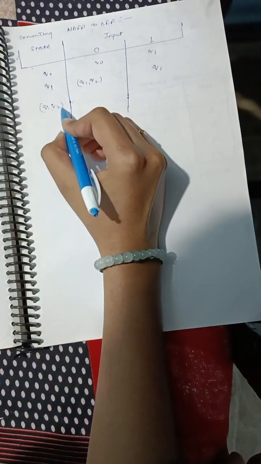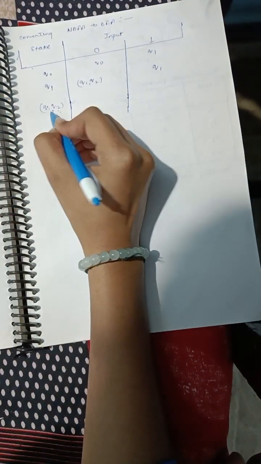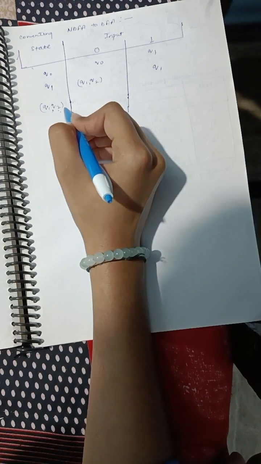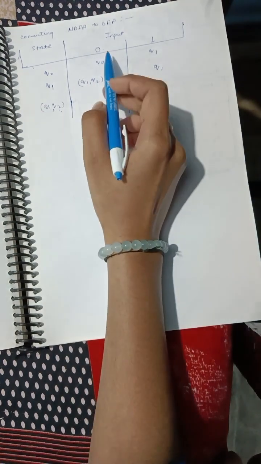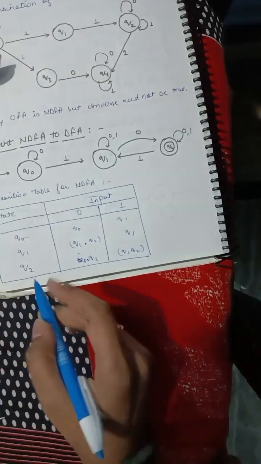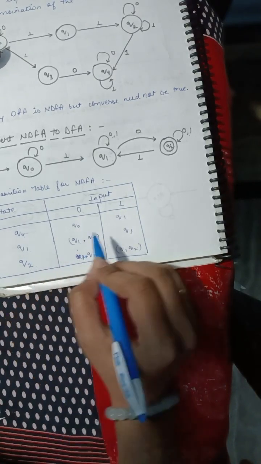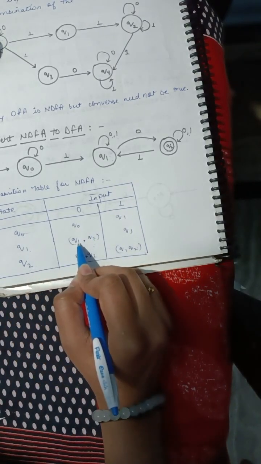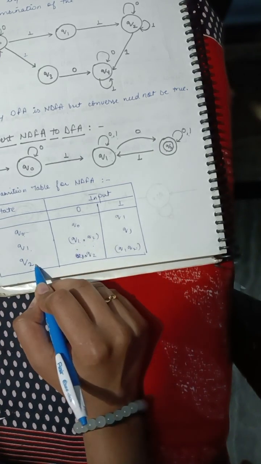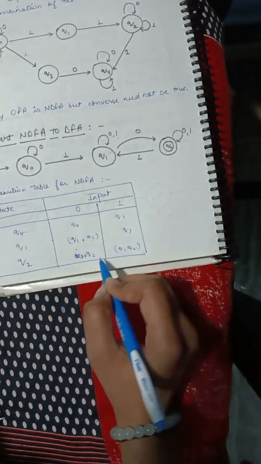So for Q1 comma Q2, the value at input 0 will be, look, for Q1 comma Q2, at Q1 the values are Q1 and Q2, and at Q2 the value is Q2 only.